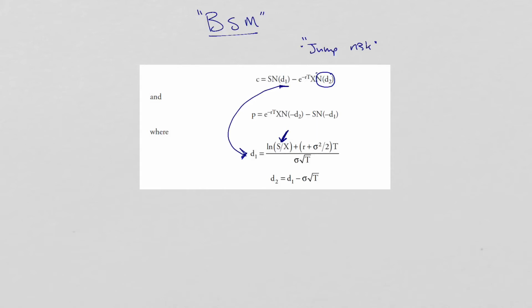If you have a current underlying price that's closer to the strike, then it's more likely that the option ends up profitable than if it were way far away from that. But also, and perhaps more importantly, it depends on the standard deviation of the stock, the risk of the stock.